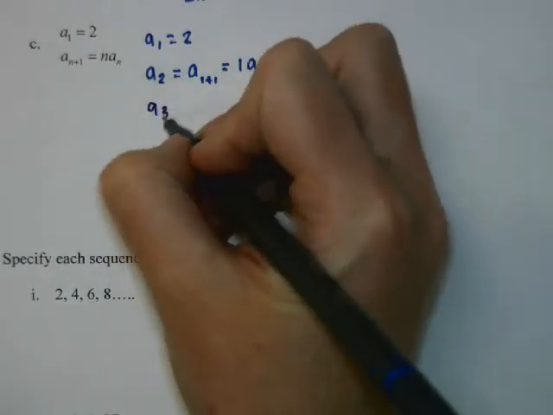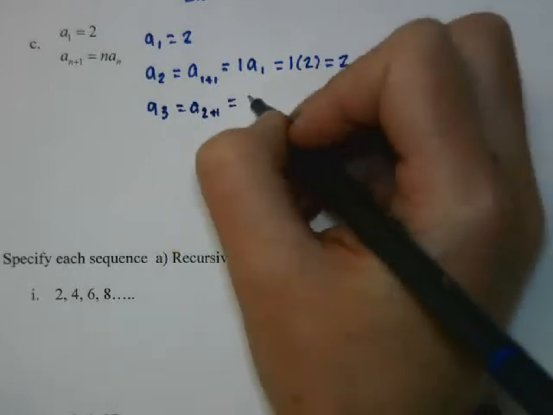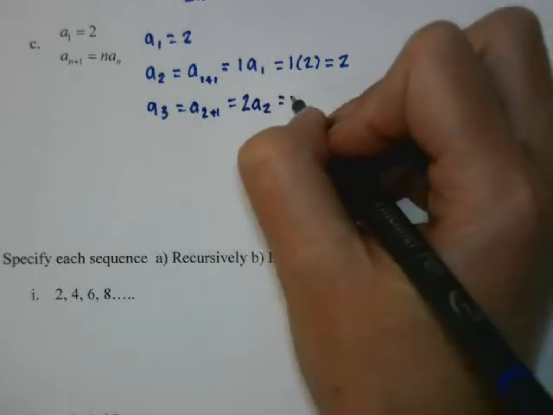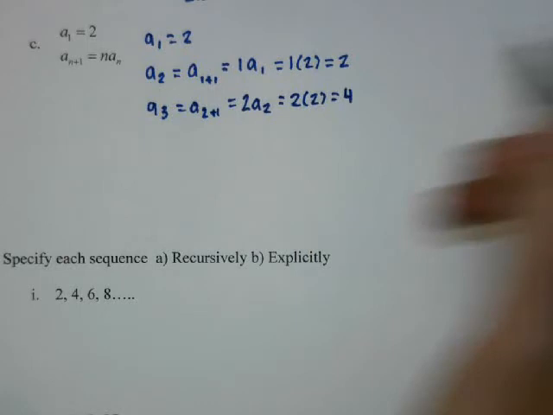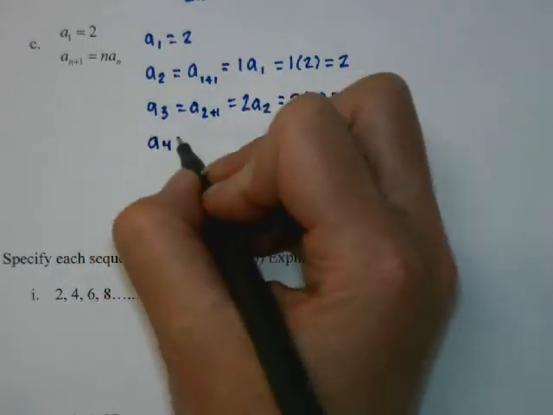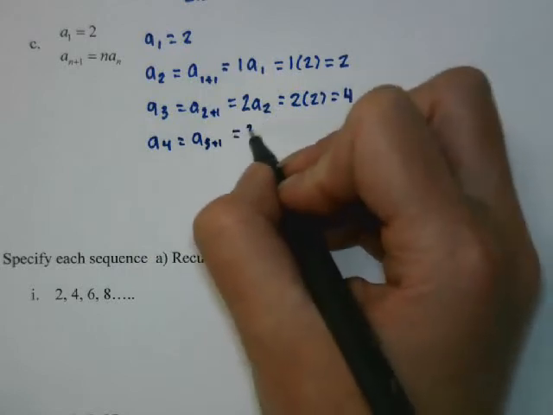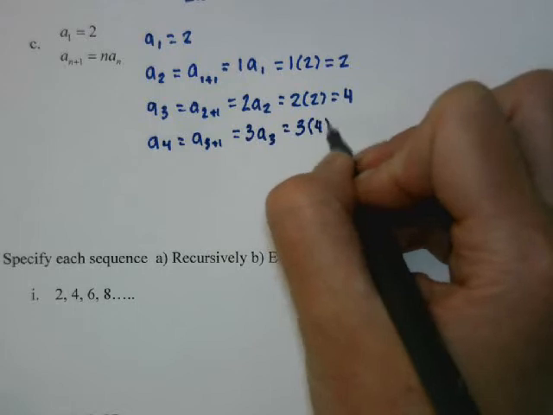A3 is going to be A2 plus 1. So our n is 2. So 2 times A2, which is 2 times 2, which is 4. A4 is going to be A3 plus 1. So 3 times A3. 3 times 4 is 12.